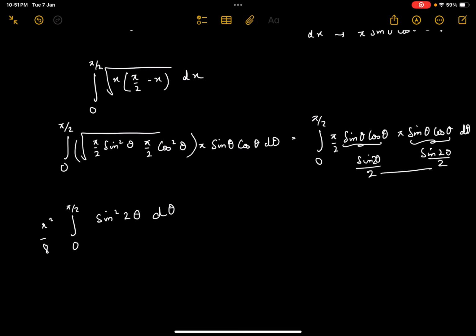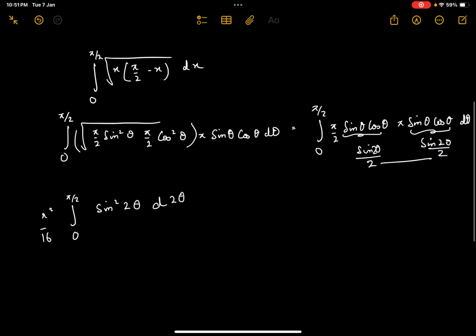Let's multiply and divide by another 2 to make this 16 and this d 2 theta. So this simply becomes pi square by 16 times 0 to pi sine square theta d theta.